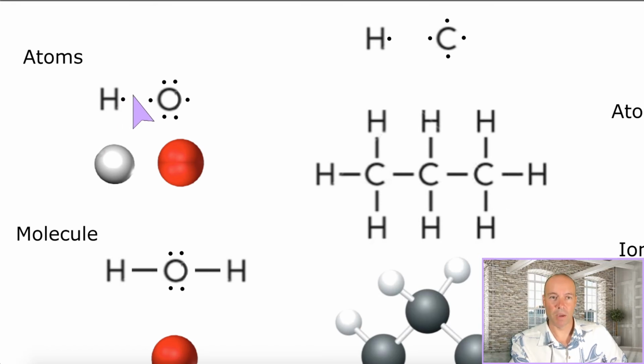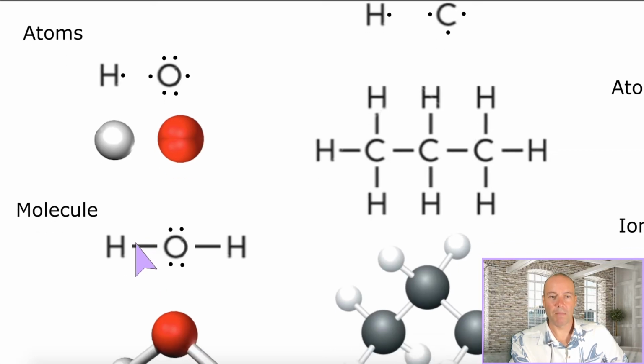And so they both share their electron, and these 2 electrons get positioned between the 2 atoms, and they form a covalent bond. And this oxygen is holding on to that pair, and this hydrogen is holding on to that pair. Okay? And then oxygen does that on the other side with its other single unpaired electron with another hydrogen atom, and so you have another covalent bond over there.